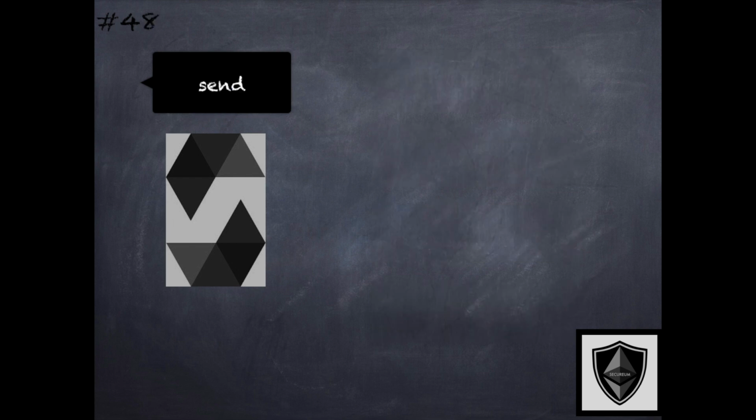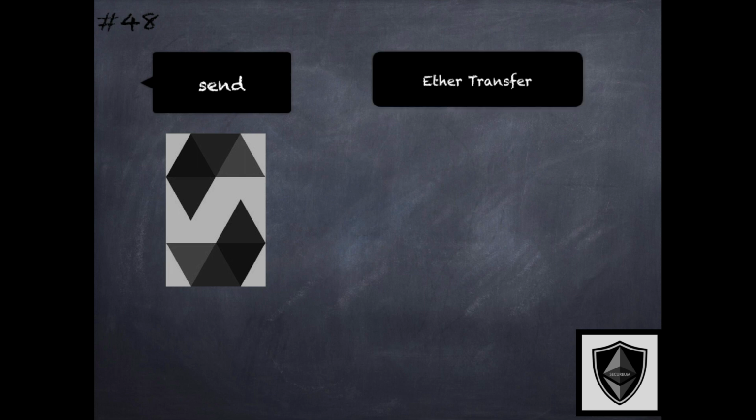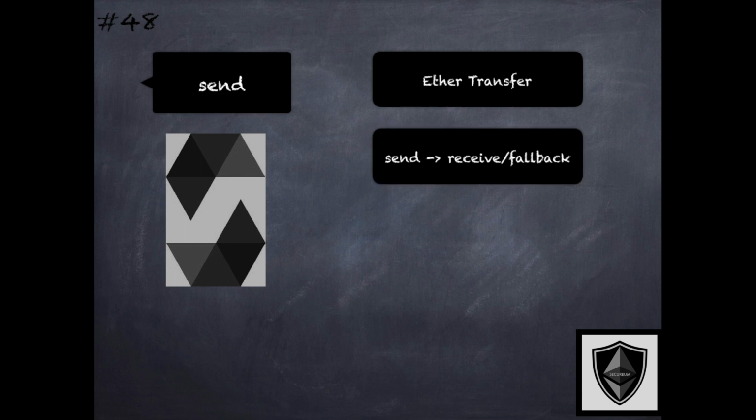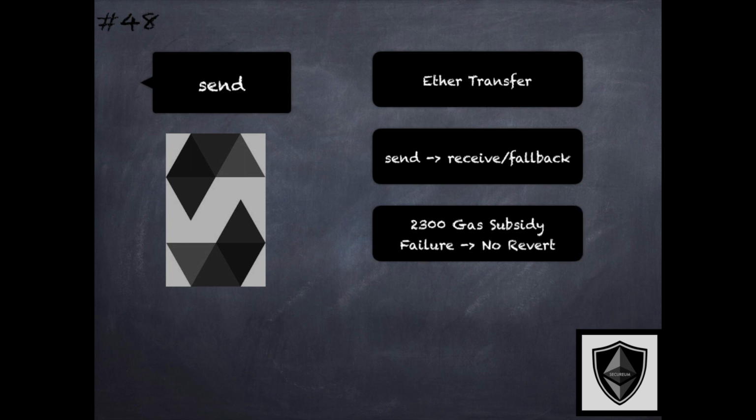Similar to transfer, there is the send primitive or the send function in Solidity. This is somewhat of a lower level counterpart for transfer. This again is used for ether transfers. It triggers the same receive or fallback functions like transfer. It also has the 2300 gas subsidy, but it does not result in a failure if the target contract uses more than 2300 gas.